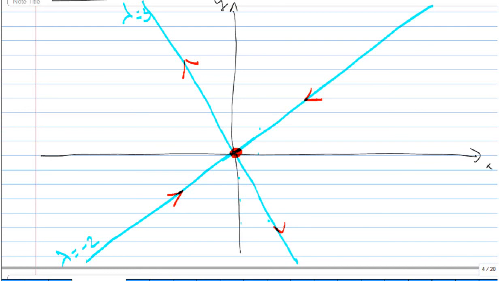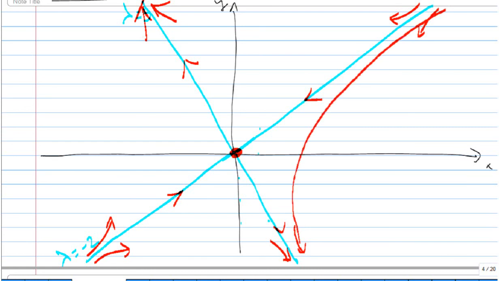So the other solutions will be coming from the negative direction and going to the positive eigenvalue direction. So basically the solutions are like this.